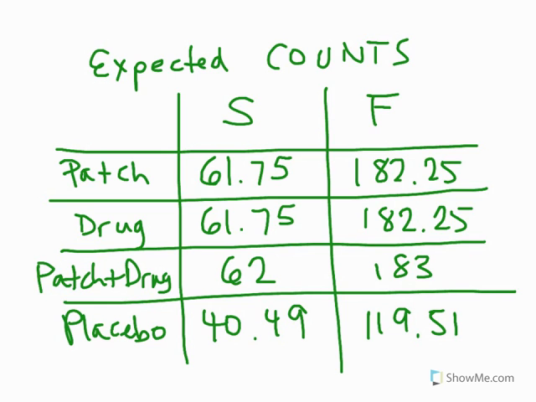If you are having a little trouble coming up with these numbers, let's just see how one of them is calculated. Let's look at this top left-hand corner and where that number would have come from. To get 61.75, we would take the row total times the column total and divide by the total in general.